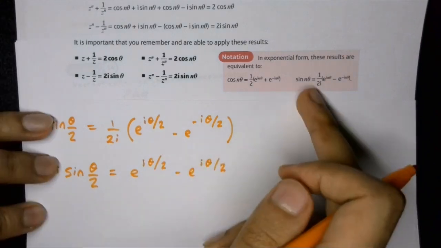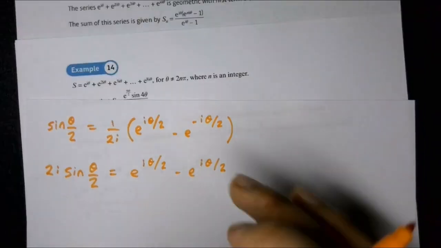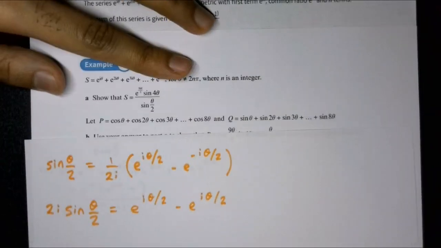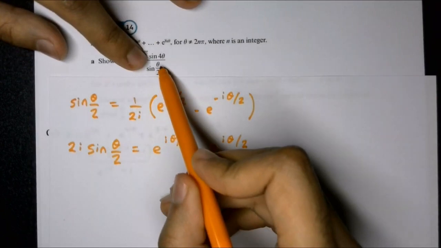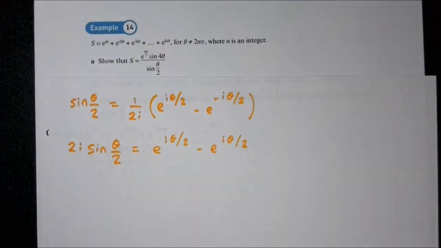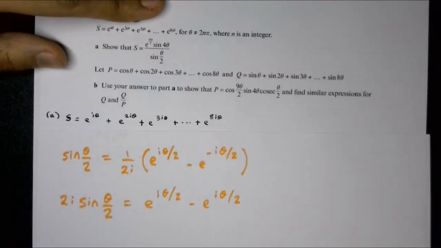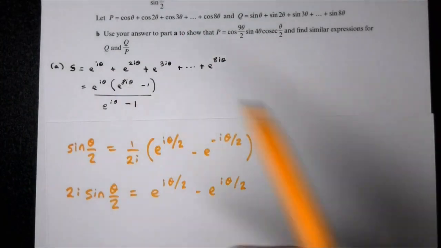So we're just using this result over here. The reason for that, if you look back in what we want to show, on the bottom we have a sine of theta over 2. So if you look at what we have so far, we've got a minus 1 over here.